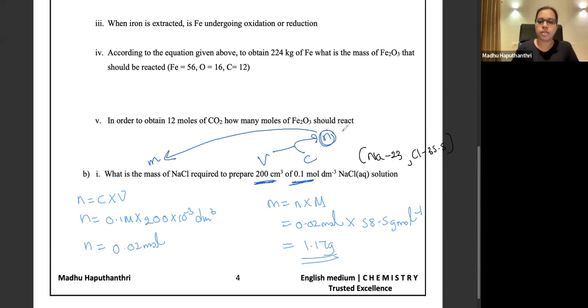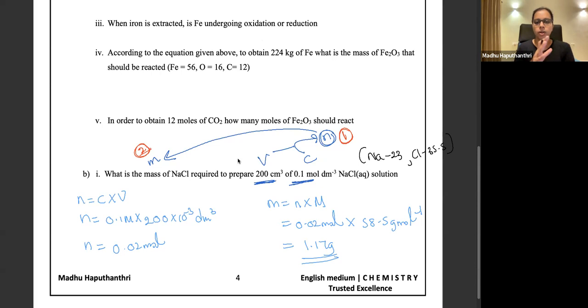So here also first we are taking the number of moles, then we are relating that to the mass. Right. Is that question clear? So these calculation questions are going with a small map, right?